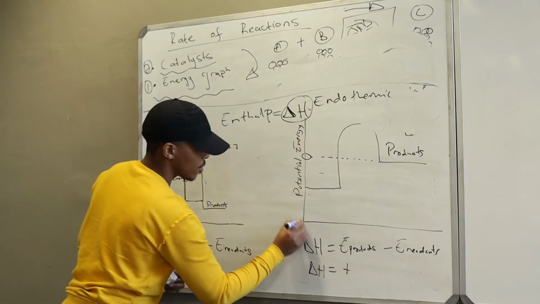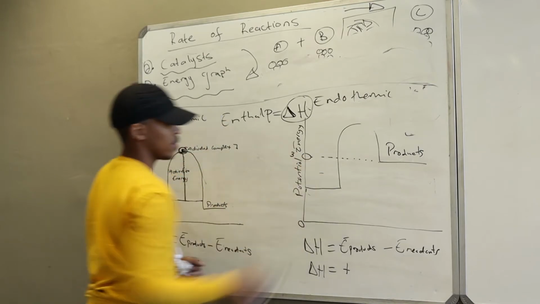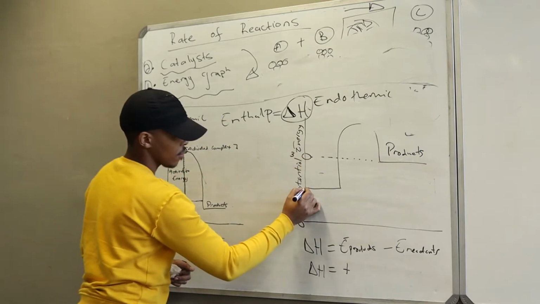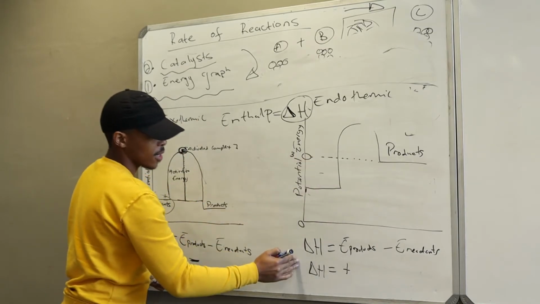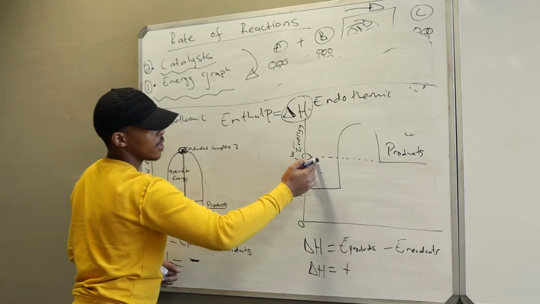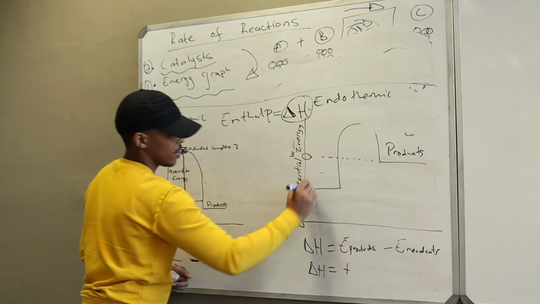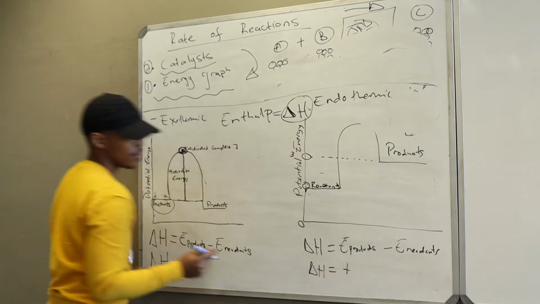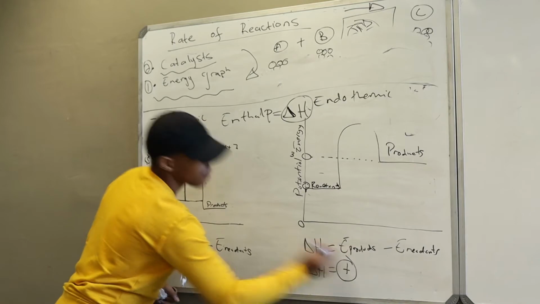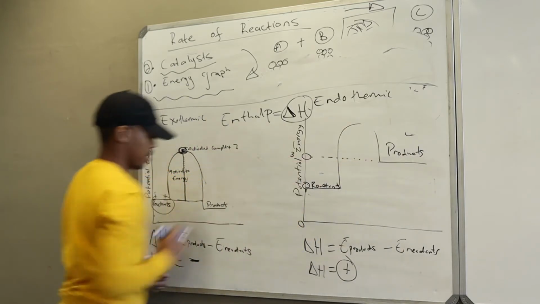So if this is 0, then this is 1, and then that, let's make that 3. Right? The energy of the products is going to be higher, as you can see, than the energy of the reactants. Okay? Or reagents. Same thing. You're going to get a positive answer because this is higher than that.